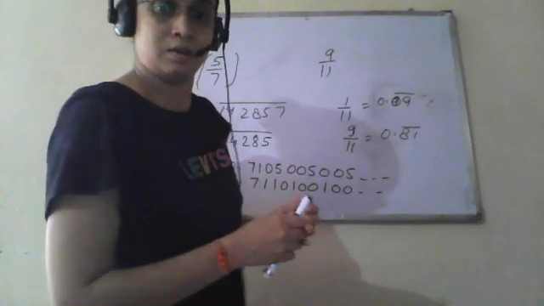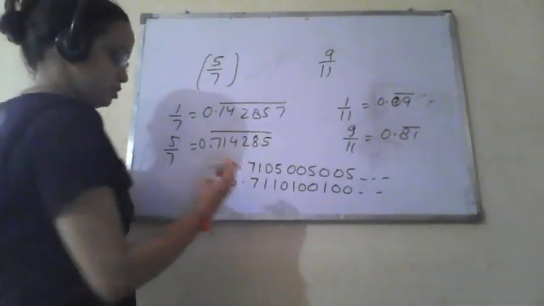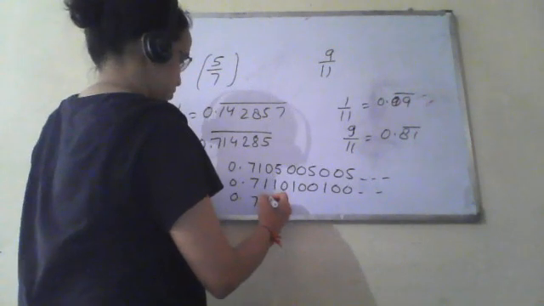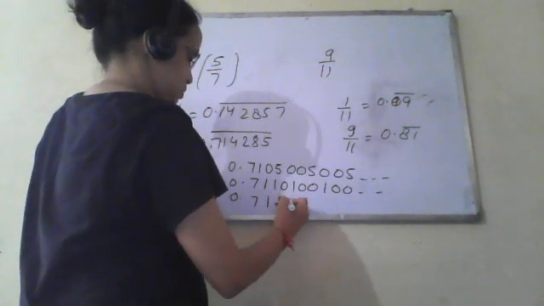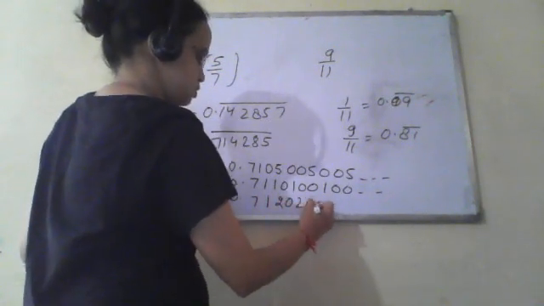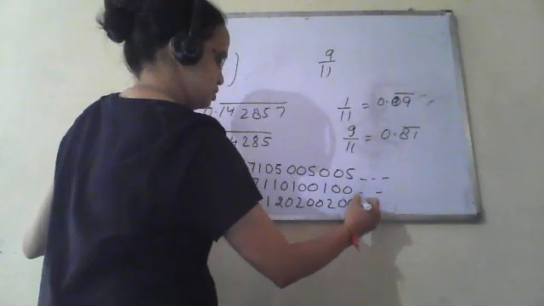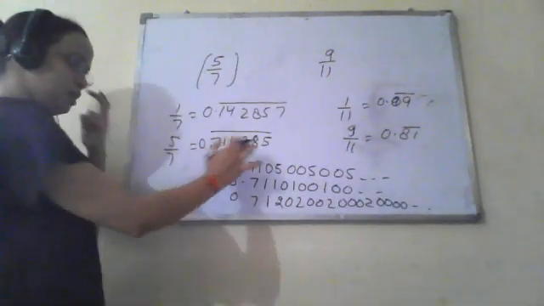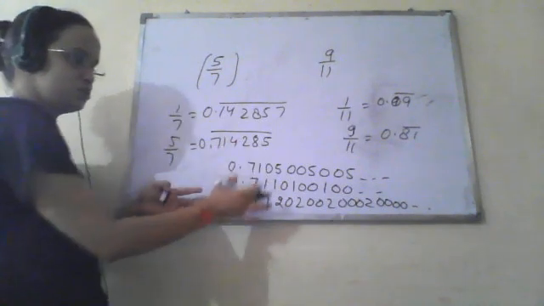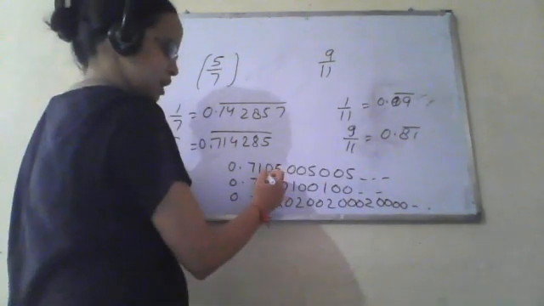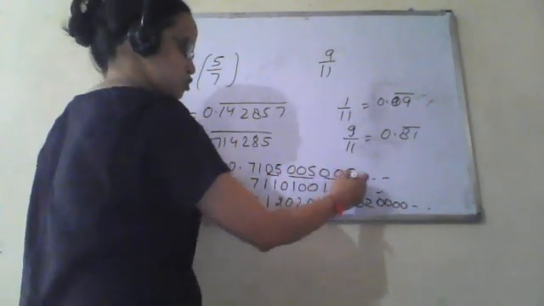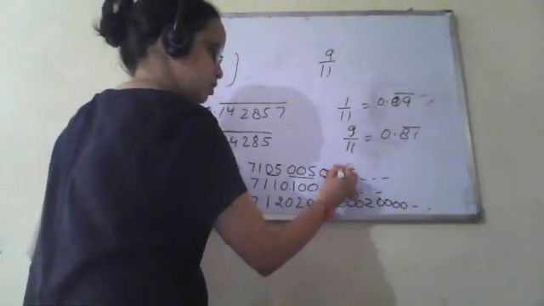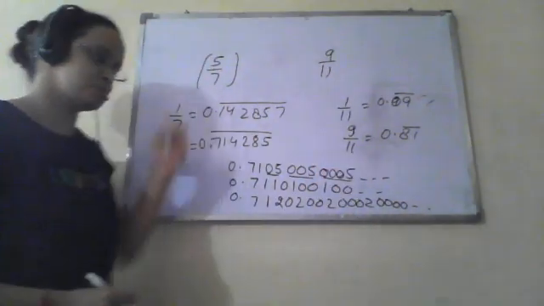And one more number you can think of, 0.7120200020000 and so on. So you have to think of numbers between these values, and that should have a specific pattern, like I have taken 0.050050005. So you have to find some specific pattern.